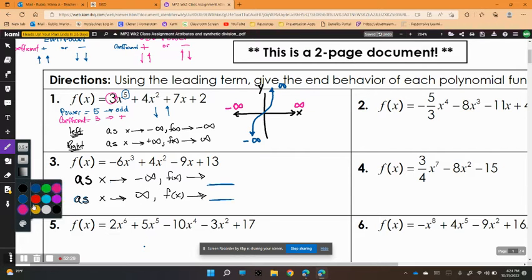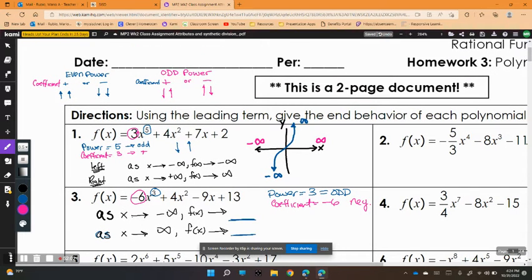And in order to fill in those blanks, we've got to look at that coefficient, and then we've got to look at that power. So the power is 3, which is even or odd? That's going to be odd. And then our coefficient, which is -6, is a negative number. So let's go back to our little cheat sheet here, and we say when we've got an odd power with a negative coefficient, we're going to have this case where the left is going up and the right is going down.